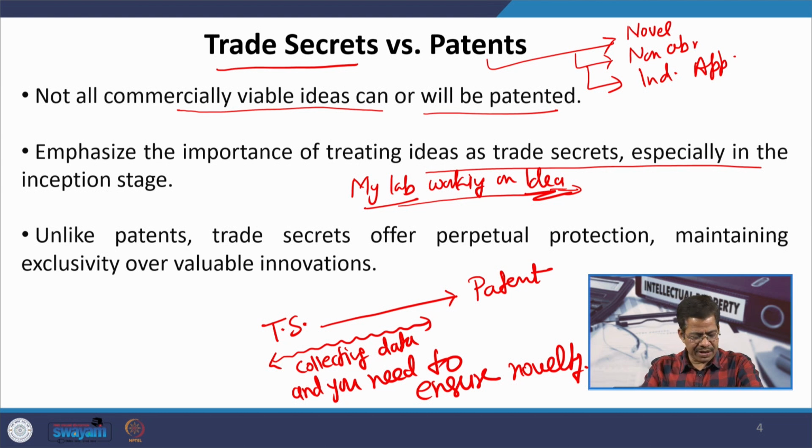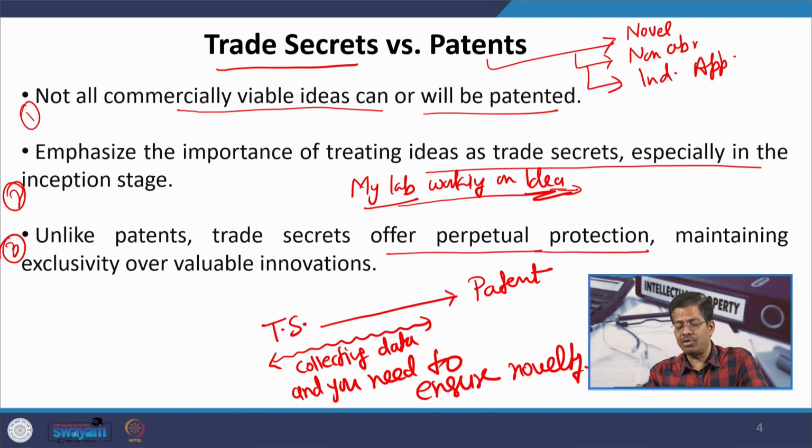One more thing, when we are talking of trade secret versus patent, important points to remember. Trade secret offers perpetual protection. Why? Because trade secret has no legal sanctity. You are not going to any office for getting a trade secret.